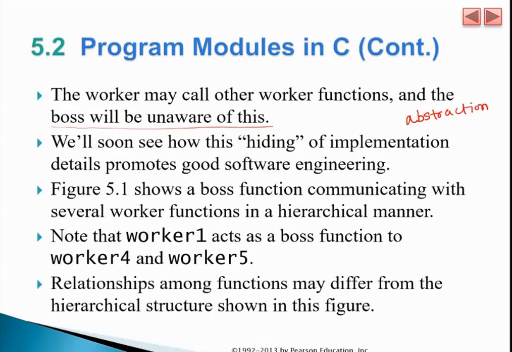We are hiding unnecessary details from the user, from the higher authorities, who don't want to know anything about it. You have given me the task of printing, I will do it. And in doing that job of printing, whatever functions I need, I will call separately, but you don't have to worry about it. This is called hiding of implementation.